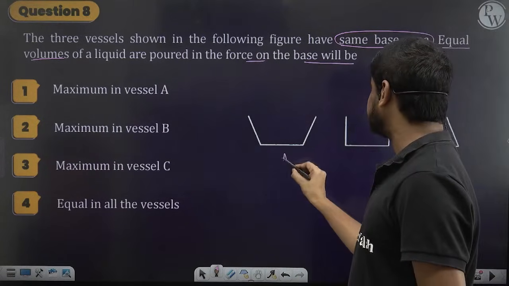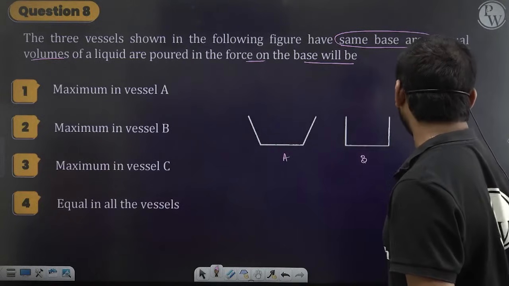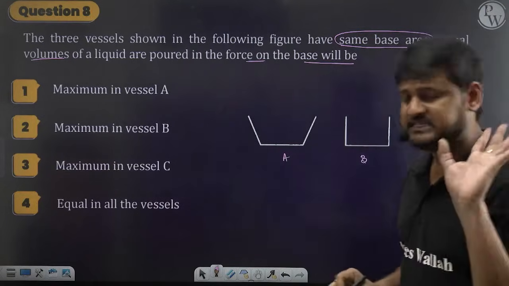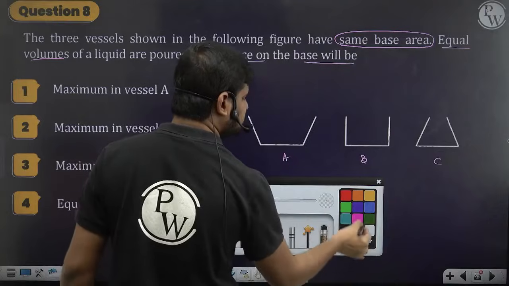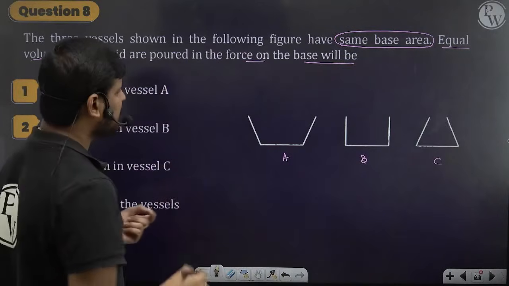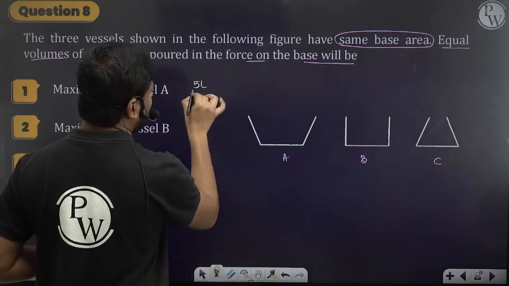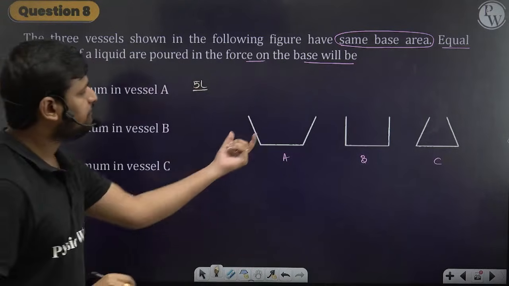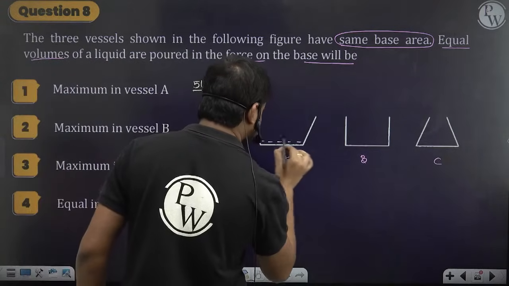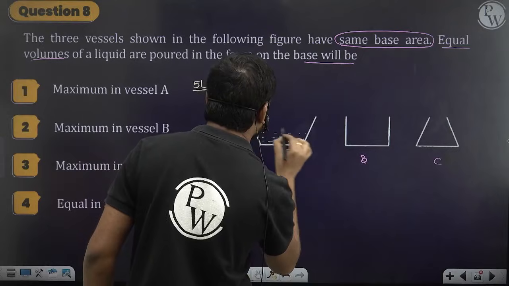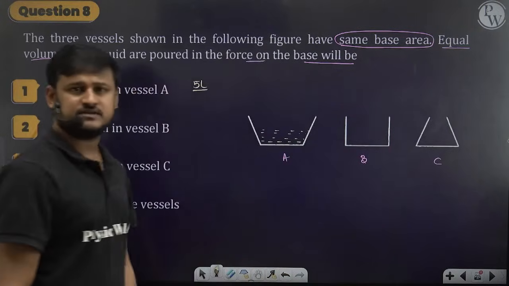Let's suppose this is vessel A, vessel B, vessel C. The basic understanding: equal volumes of water. Let's suppose I am pouring 5 liters of water in this one. Because the shape becomes wider as you go up, the water will come up to this level, let's say.